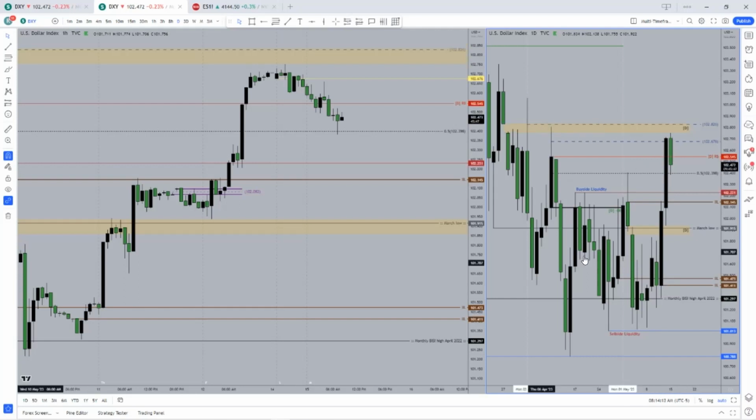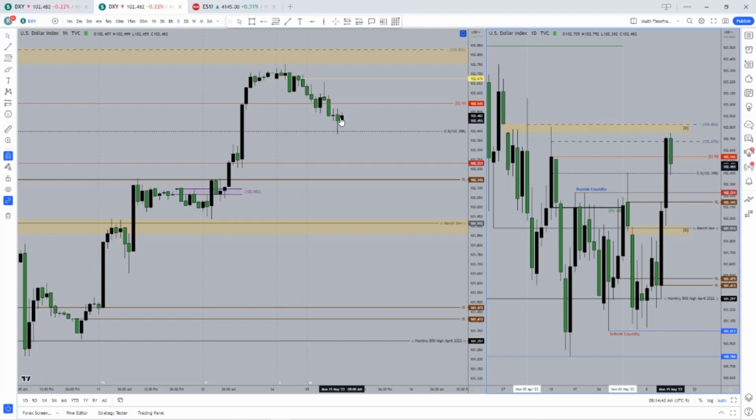Ultimately from the daily, it just looks like a very volatile consolidation to me, not really giving any clear directional movement. What I'm seeing as far as the dollar is concerned early this week, currently right now, just for today, there's going to be a range between this high here and this low that just rejected from this old level of resistance, now turning potentially into support.